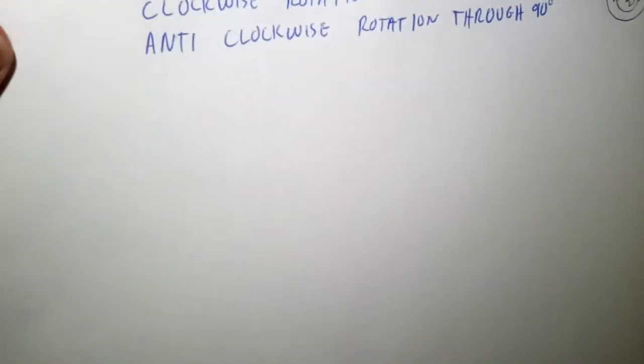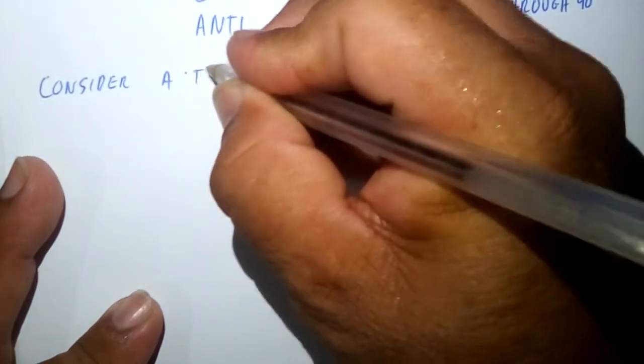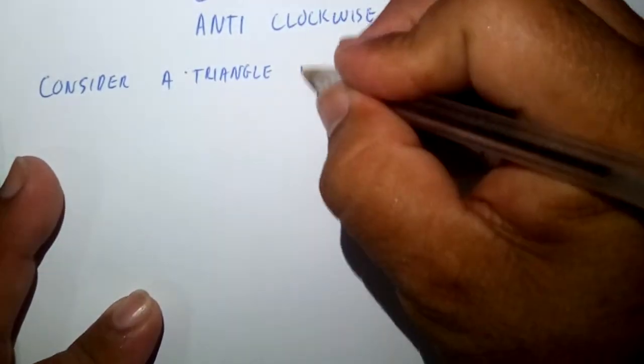All right, so let's try work a problem. So the problem is as follows. Consider a triangle with vertices.